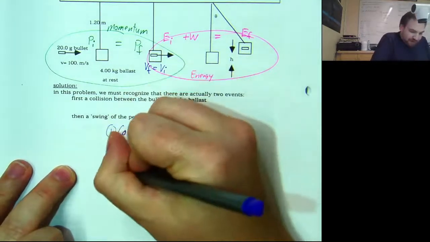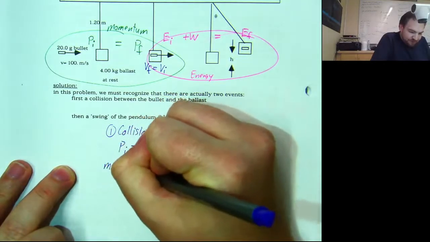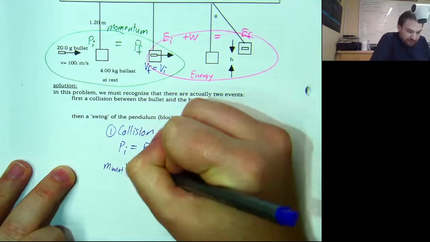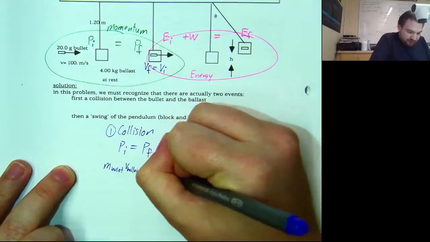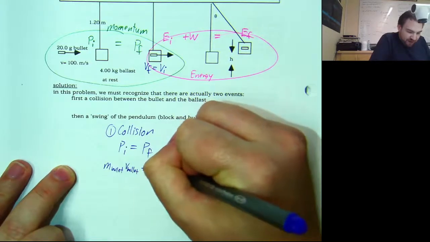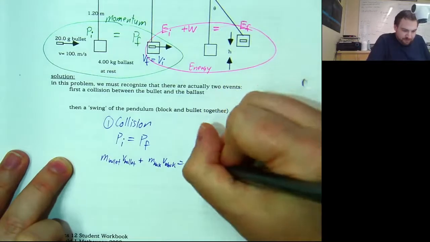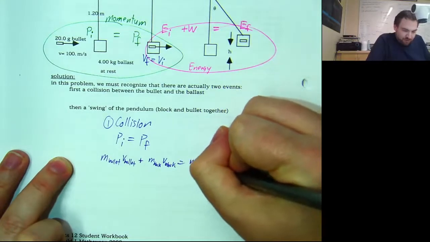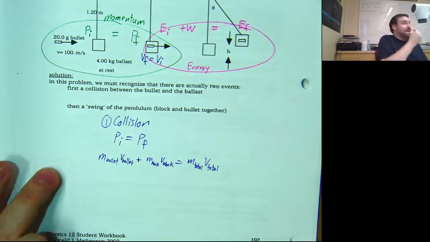We'll have the mass of the bullet times the velocity of the bullet plus mass of the block times the V of the block is going to equal the mass of the total times V of the total. When I say total, I mean the combined object.